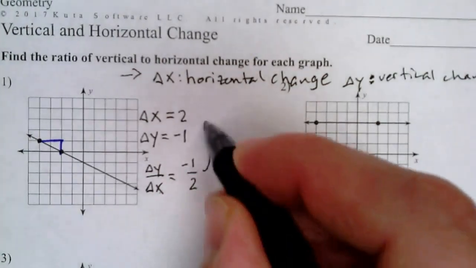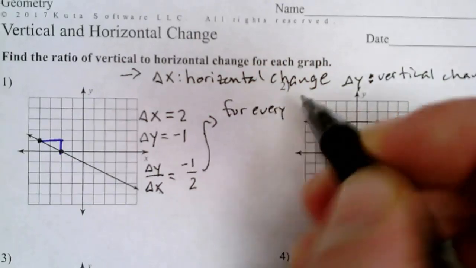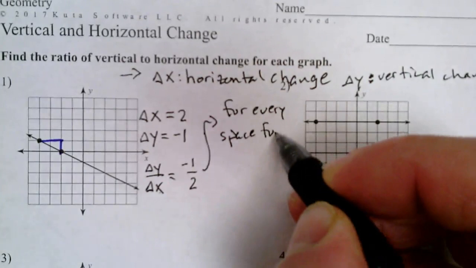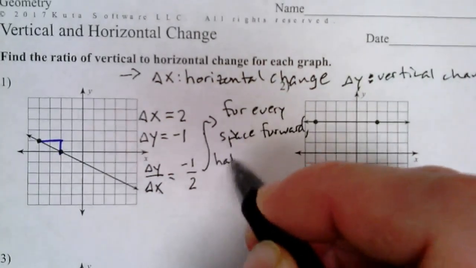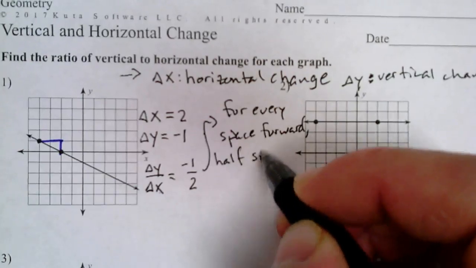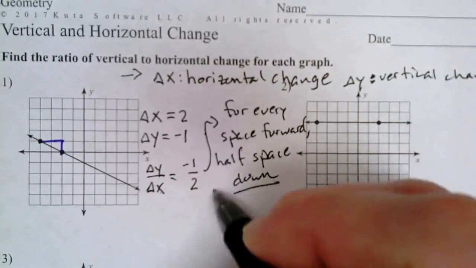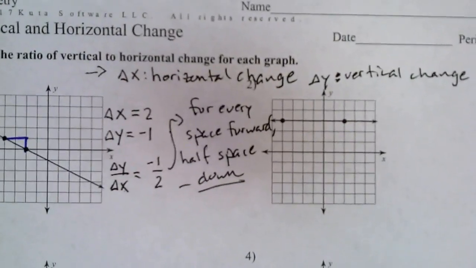I'm just going to put a little note: for every space forward, half space down.